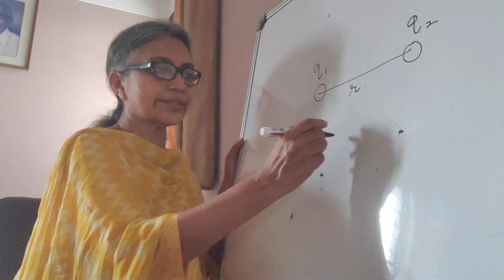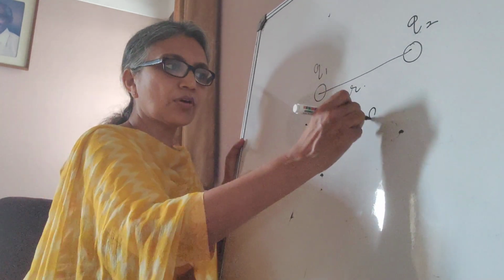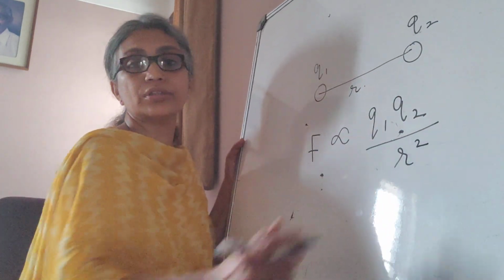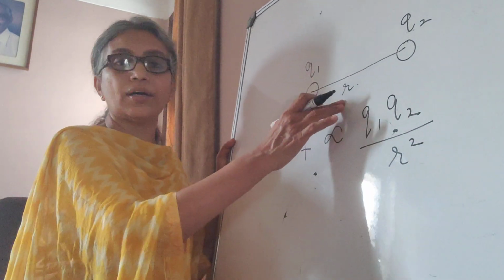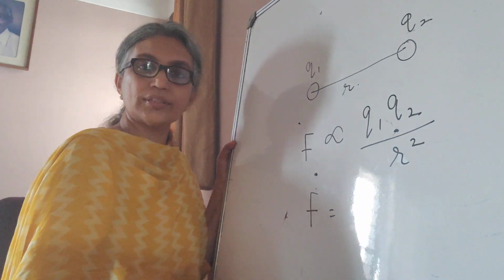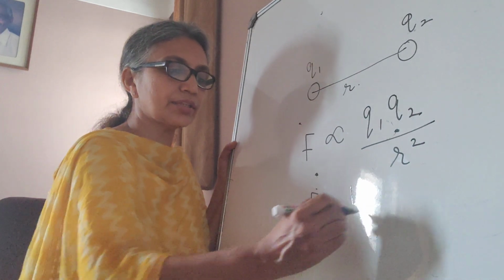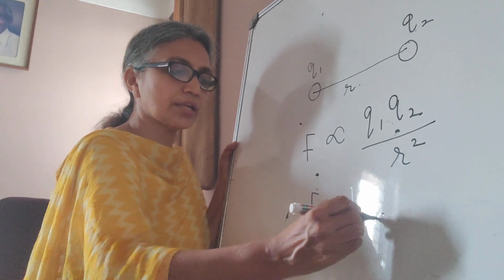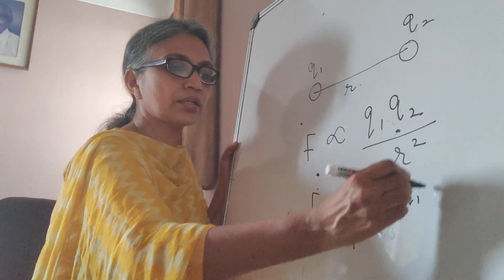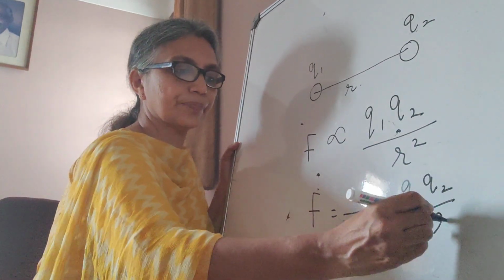And this force is directly proportional to the product of the two charges Q1 and Q2 and inversely proportional to the square of the distance between them, r being the distance between them. Now if you change this to an equality sign, the constant of proportionality in electrostatics is 1 by 4 pi epsilon 0, so F equals 1 by 4 pi epsilon 0 times Q1 Q2 by r square.